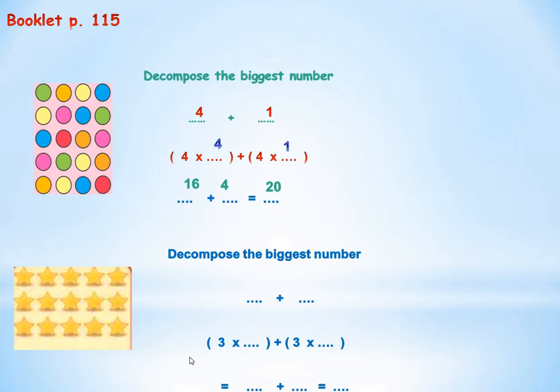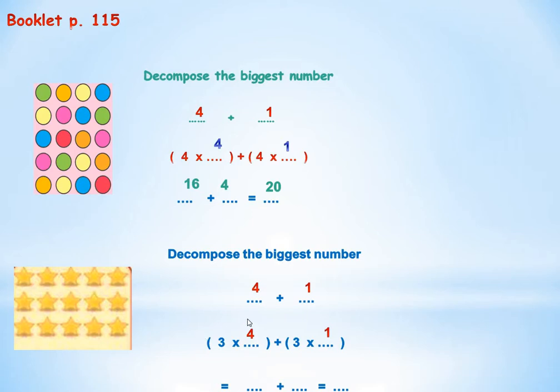We will decompose the biggest number, number 5, into 4 plus what to equal 5? 4 plus 1. So in the first part we will put number 4, and in the second part we will put number 1. We will finish the first part.